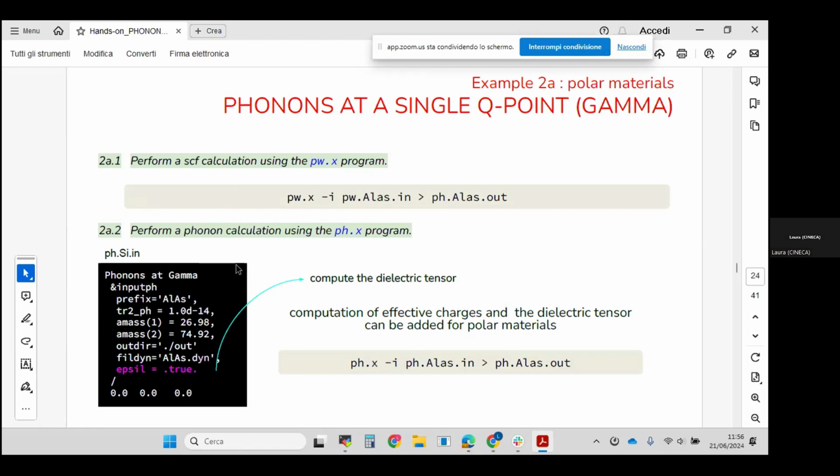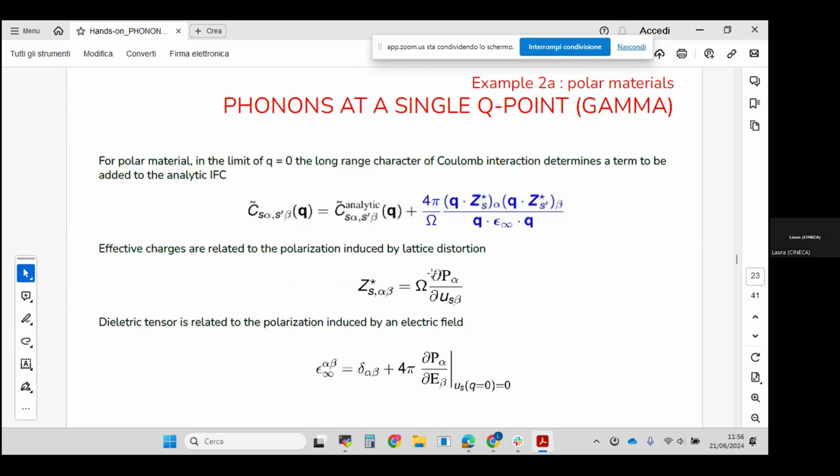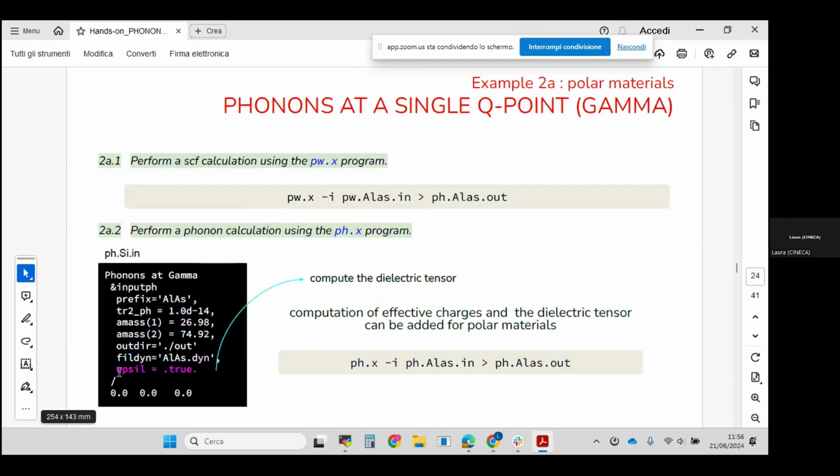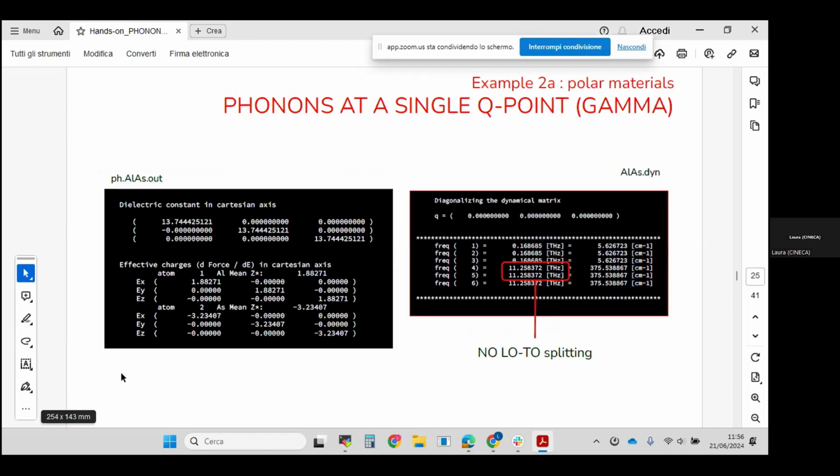To compute the effective charges and the dielectric tensor, you need to specify epsil equal true. This will automatically compute also the effective charges. The computation at this point will provide also these two additional quantities before the calculation of the dynamical matrices inside the output provided by ph.x.